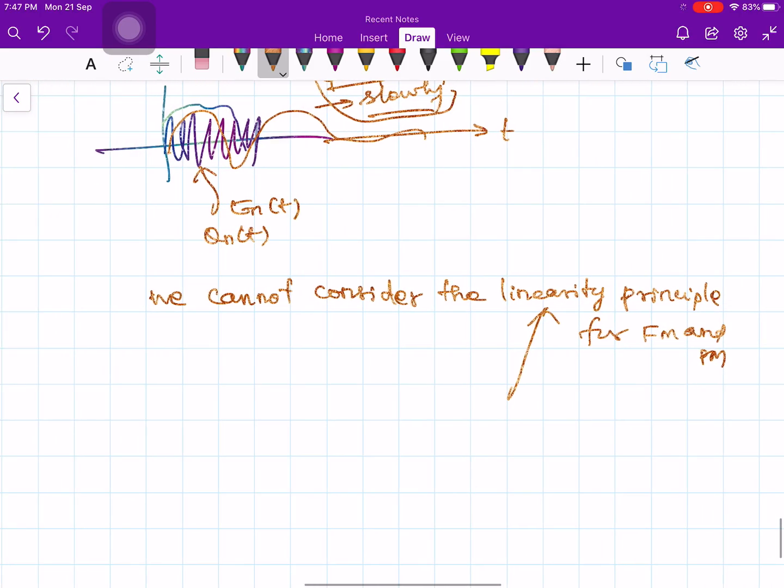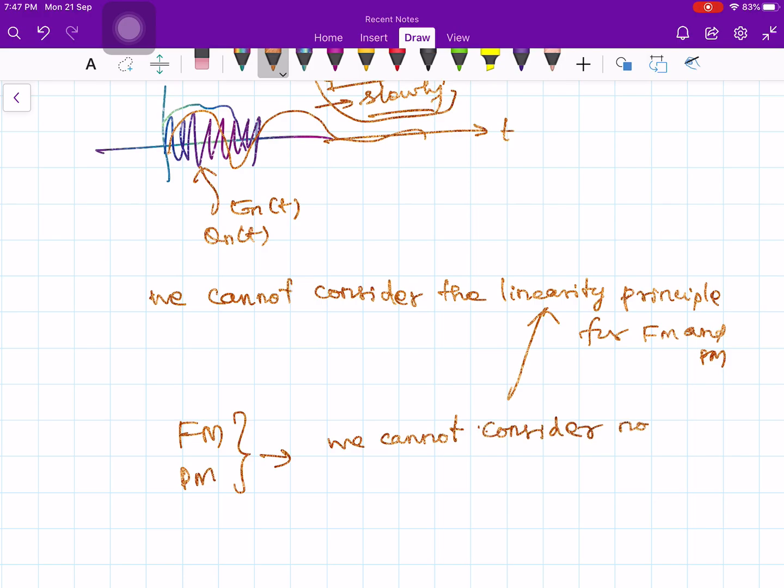So in FM and PM we cannot consider noise alone, and we cannot consider signal alone.